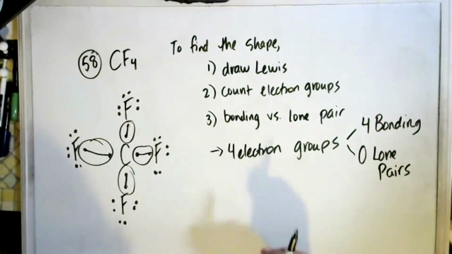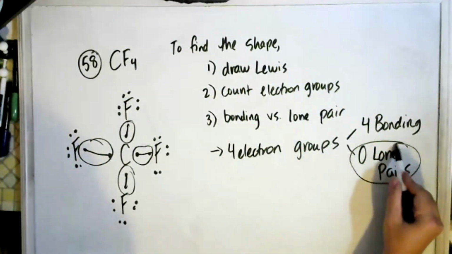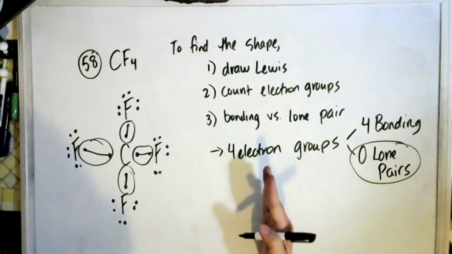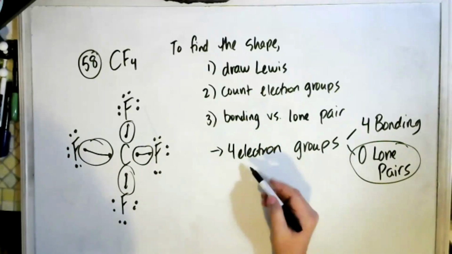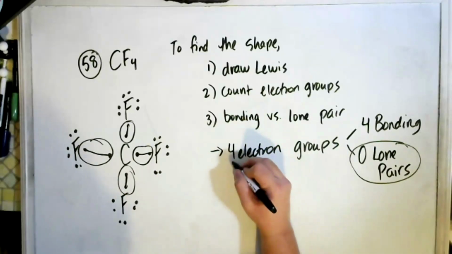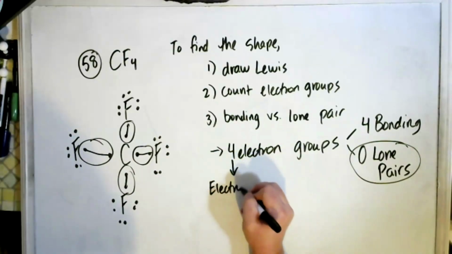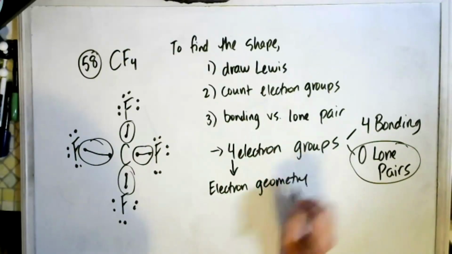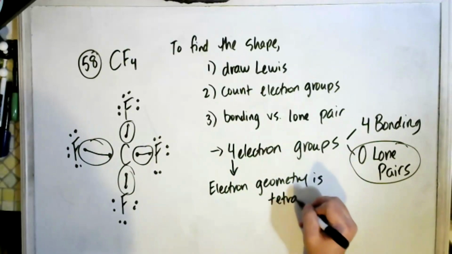When we're talking about the shape of our molecules, remember that whenever we have 0 lone pairs, our electron geometry is going to be the exact same as our molecular geometry or shape. So in this case, with 4 electron groups, that means that our electron geometry is tetrahedral.